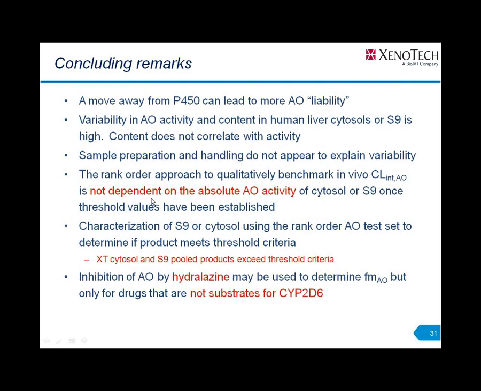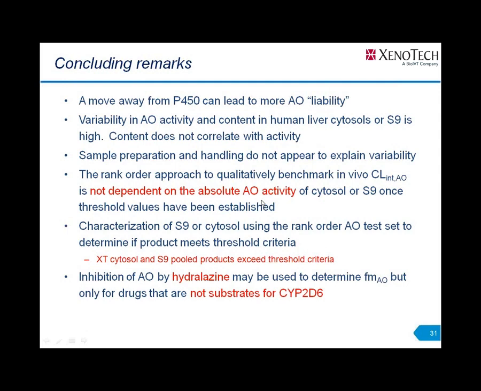I talked a little bit about the rank order approach that the Zientek paper used to qualitatively benchmark the in vivo intrinsic clearance for AO. By using these calibrator compounds, you can get a feel for where your compound will fall with respect to those compounds. It's important to note that this approach is not dependent on the absolute AO activity of cytosol or S9. You don't need high AO activity lots to do this approach.